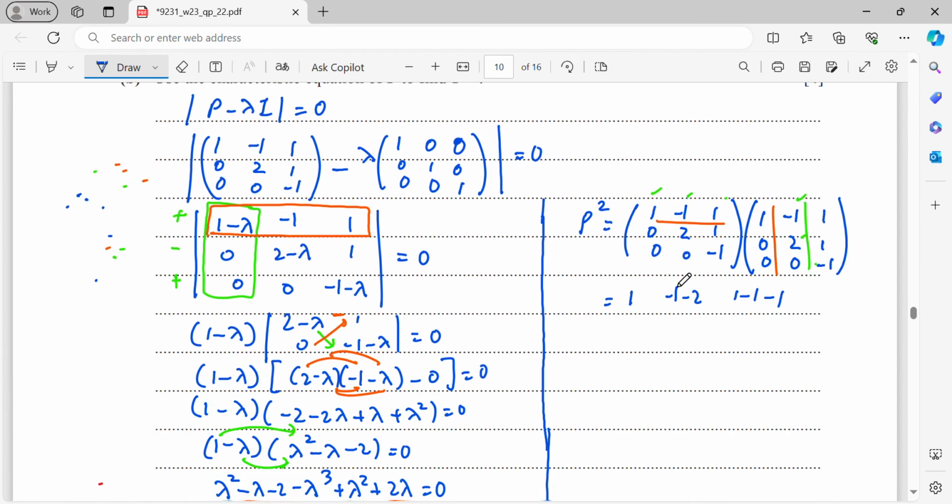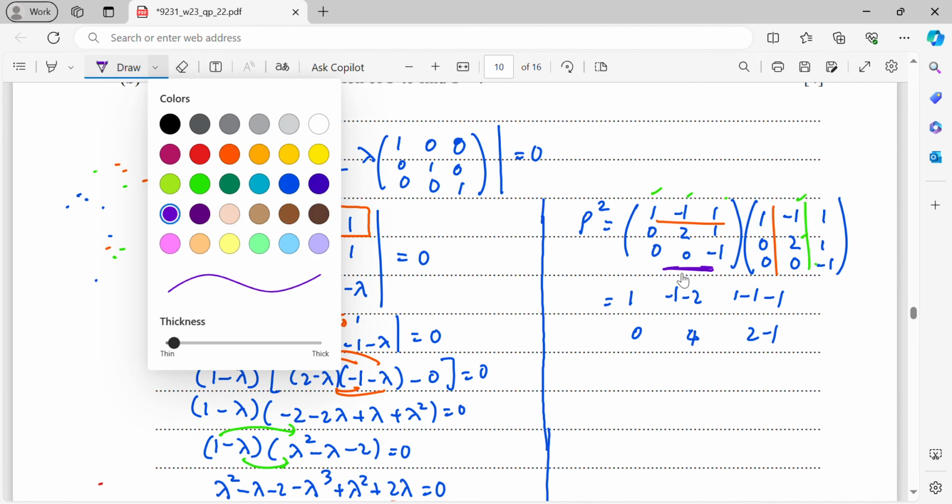Then now for the second row, continue with second row and first column, second row in the first matrix. So you get 0. Then the next one is 2 times 2, so it's 4. Then the second row and third column, you will be getting 2 minus 1. Then the last row and first column, just multiply.